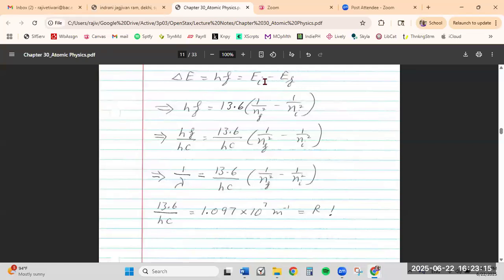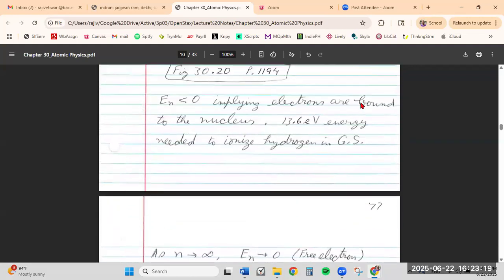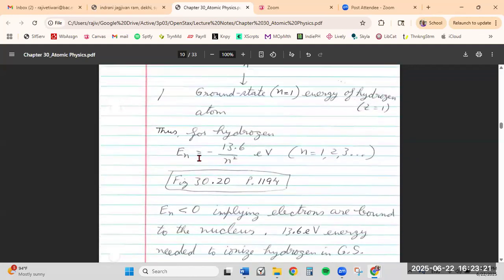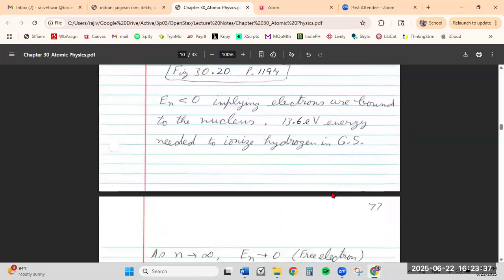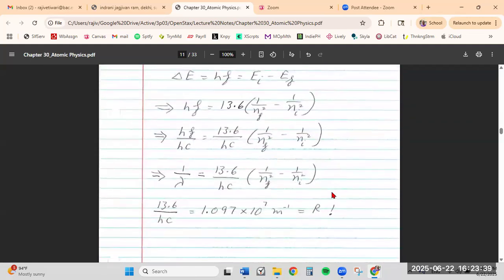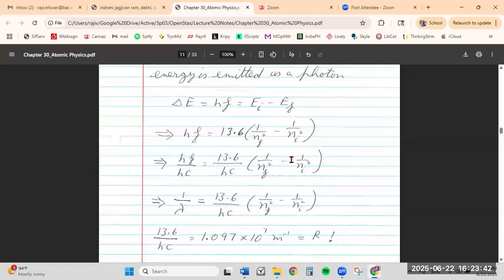Now, if you do Ei minus Ef, where Ei and Ef correspond to these expressions, so Ei would be negative 13.6 divided by the starting value of n, and then Ef would be the final value of n. So this is what that ends up as.